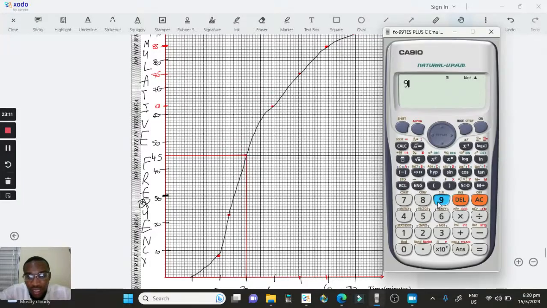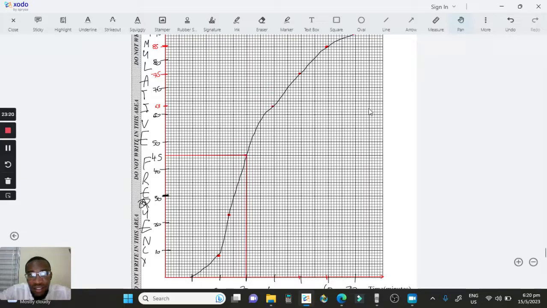Punch that in the calculator. 90 times 3 over 4 gives me 67.5. So we're going to look at 67.5 and go across. 65, 66, 67, 67.5 is somewhere here.